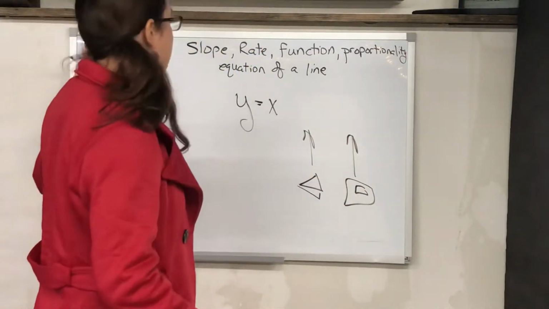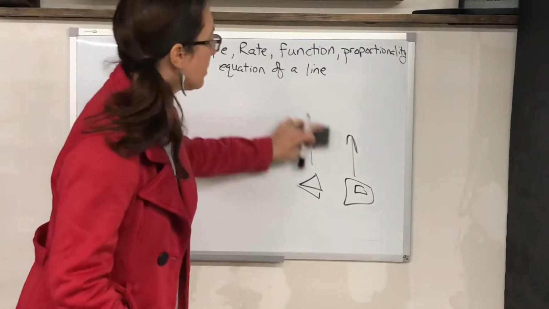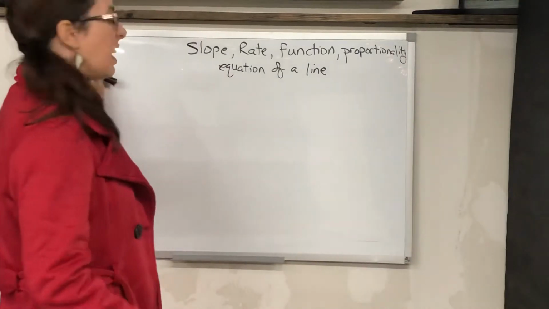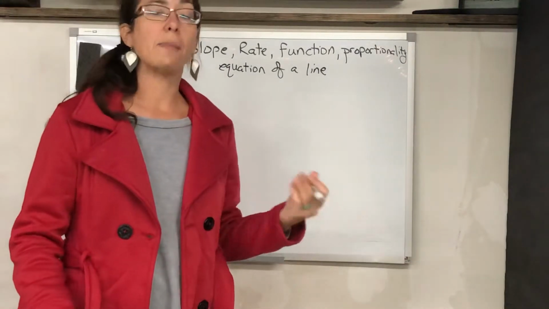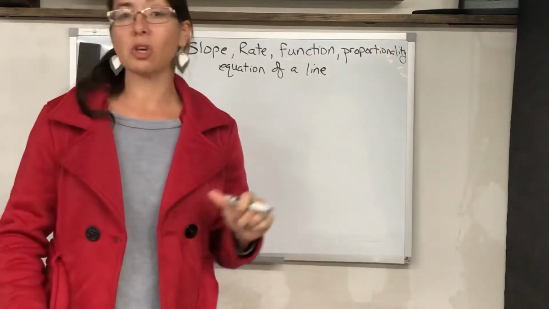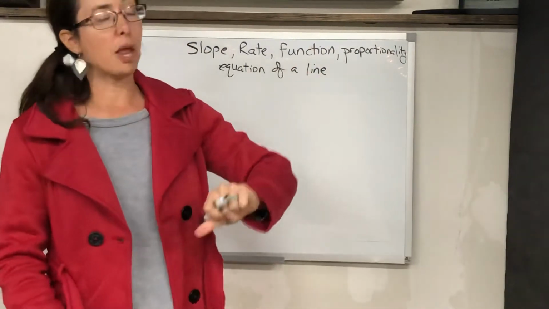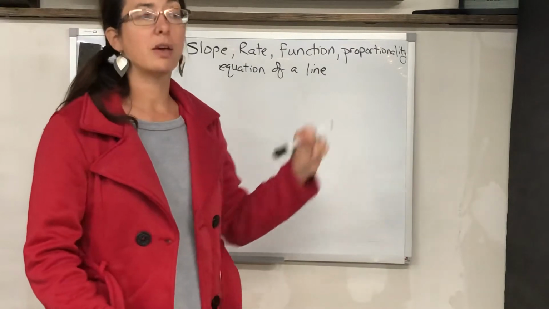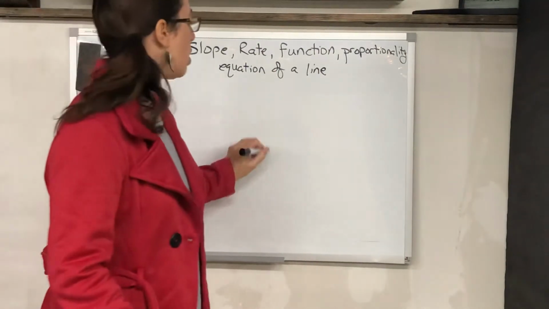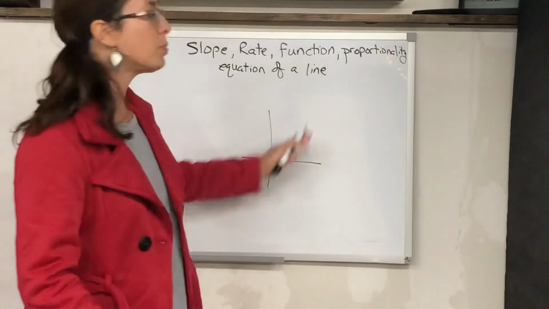In the same way, the number of free throws that you make is in direct proportion to how many hours you practice. So if the hours you practice goes down, then the number of free throws that you make most likely will go down. So these are all graphed as a line. So this is what we're working towards.